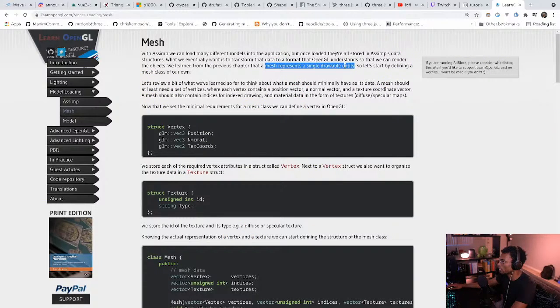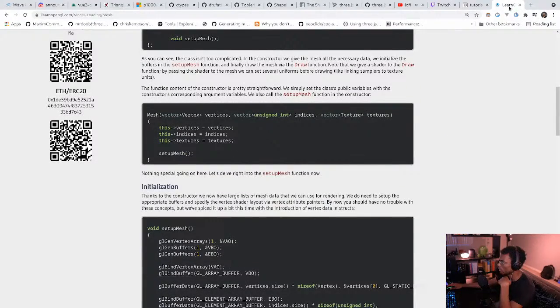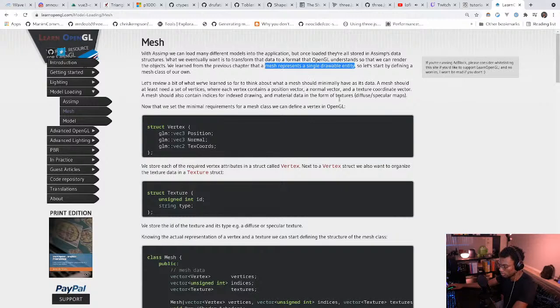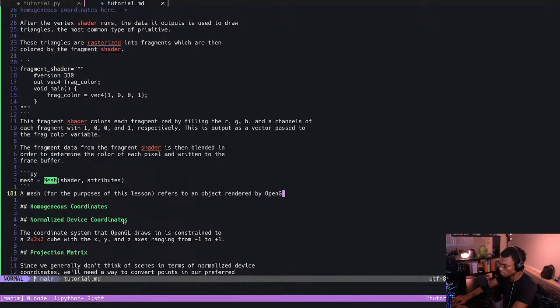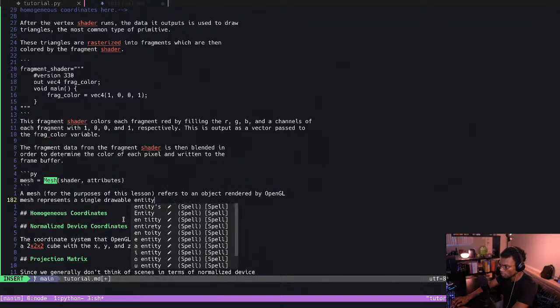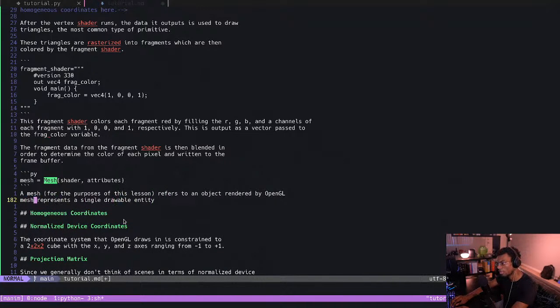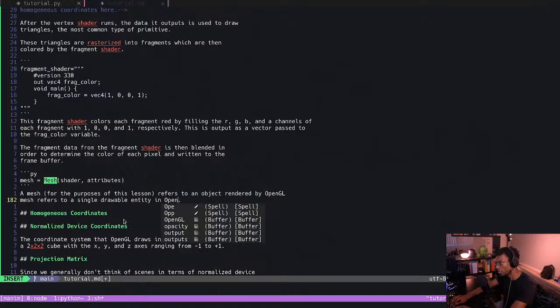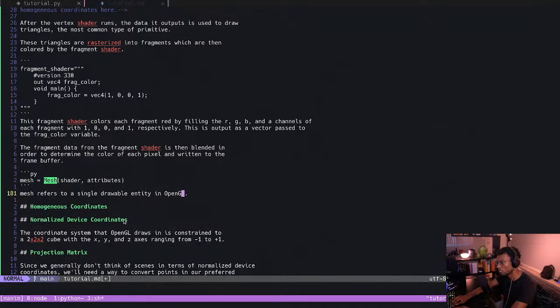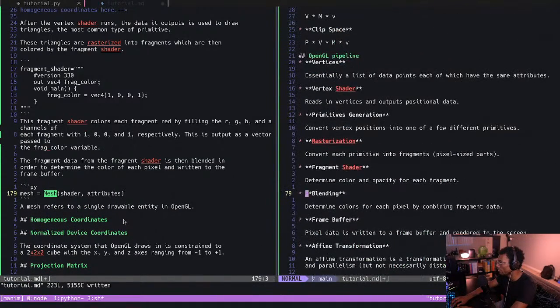A mesh represents a single drawable entity. That's a good definition. That's fine. So I won't say represents, I'll say refers to, in OpenGL. I should also put this in the vocabulary. Maybe I don't even need this to be here. I can just put it in the vocabulary.